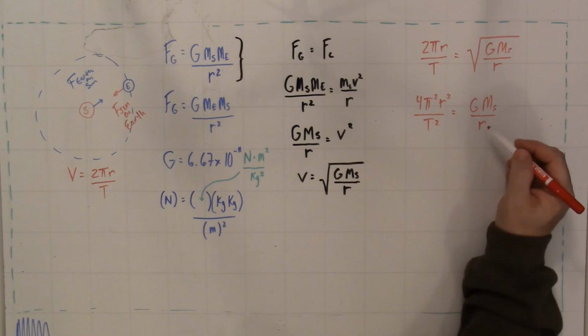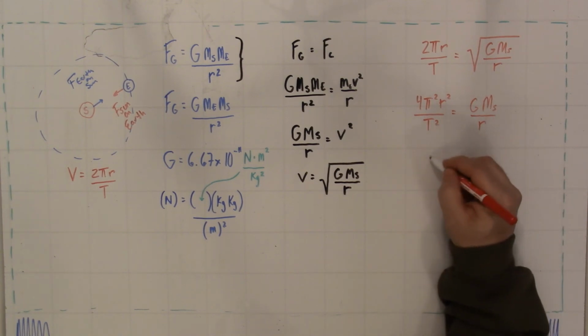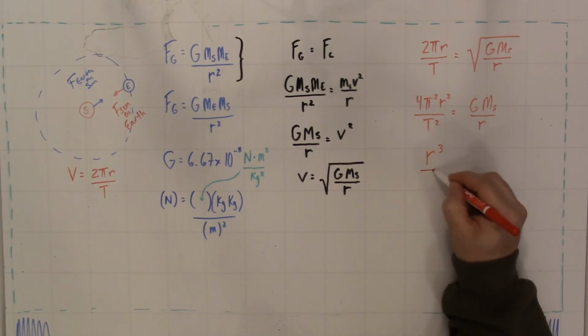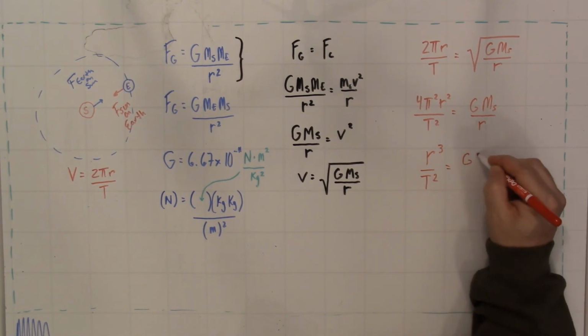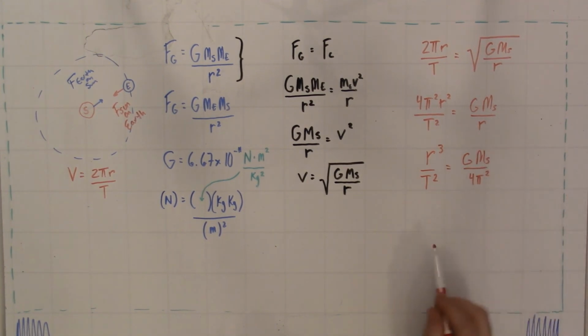We see that there's an r here and an r here. 4 pi squared, G, and m are all constants. So oftentimes you see this like this. You have r cubed, because you had r times r squared, divided by T squared, is equal to G m sun divided by 4 pi squared.